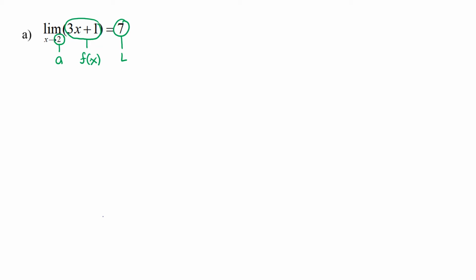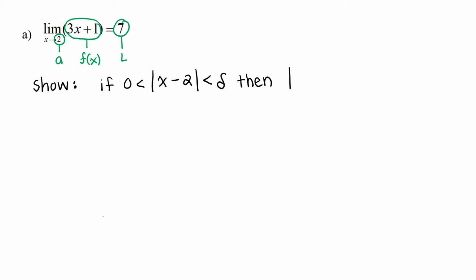So what we want to do is show if 0 is less than the absolute value of x minus a, where in this case a is 2, is less than some delta, then, as long as we're less than that delta, the absolute value of f of x, which in this case is 3x plus 1, minus the limit, sorry, I forgot my limit, so minus 7, is less than some epsilon.